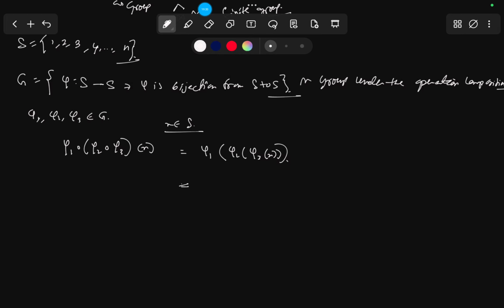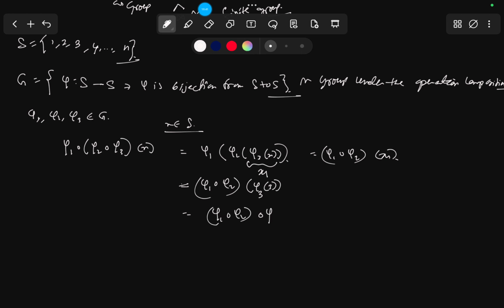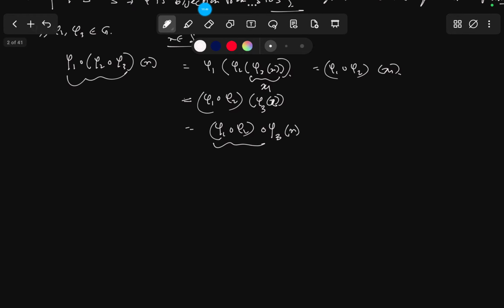Which is basically the same as phi1 composed with phi2 of phi3 of x, right? Because you can consider this phi3 of x to be your x1, and you can write that as phi1 composed with phi2 of x1. So it is basically the same as phi1 composed with phi2 composed with phi3 of x. So this one is the same as this one. So associativity is there.